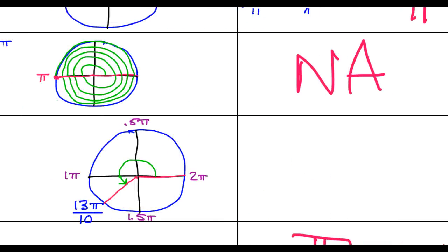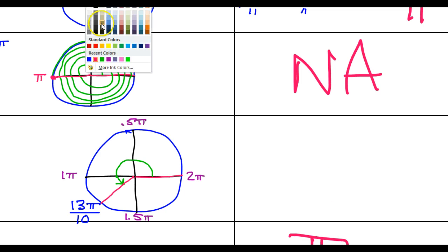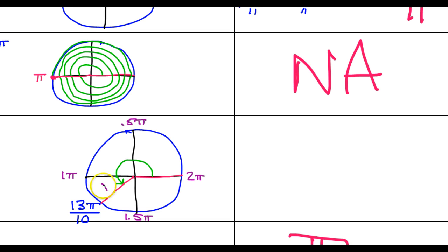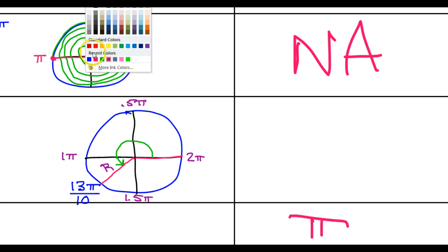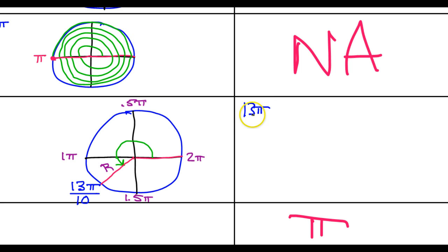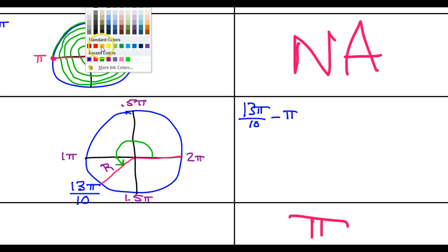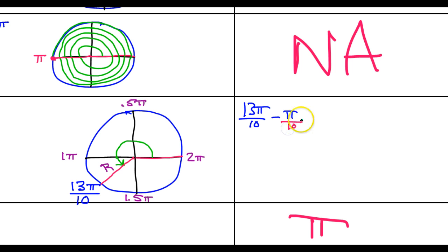Now let's use this to talk about the reference angle. My friends, understand that the reference angle is right here against the x-axis. Right there where I put the R, that's my reference angle. Notice that the reference angle falls between 13 pi over 10 and 1 pi. So if I want this angle in the middle, I need to subtract these two, bigger minus smaller. So for the reference angle, I need to do 13 pi over 10 minus pi. I need like denominators though, so I'm multiplying by 10 in the numerator and the denominator.